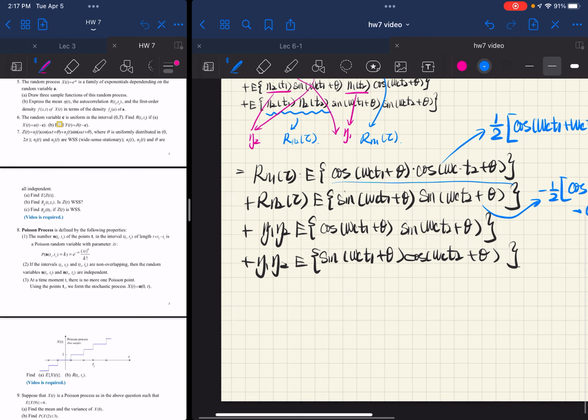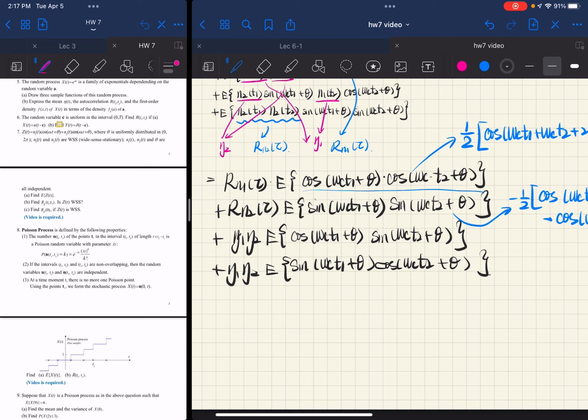And finally, after we simplify this equation, we get our answer equal to R_n1(tau) plus R_n2(tau), where tau is the difference of t1 and t2, times cosine omega c times tau.